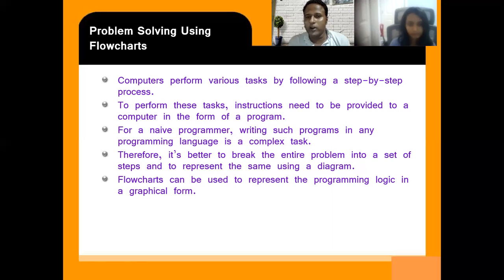So when you have a complex program, it is better not to solve it alone. You have to break that program into smaller parts, and every smaller part is handled by an individual person. They individually solve it, then they gather it.